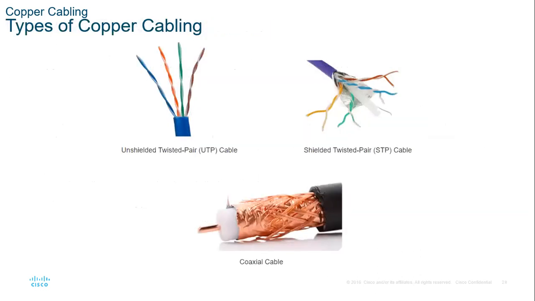Types of copper cabling: these are the three types of copper cabling. One is unshielded twisted pair cable, UTP, the next is shielded twisted pair cable, STP, and the last is coaxial cable. So these are three types of copper cables available nowadays.